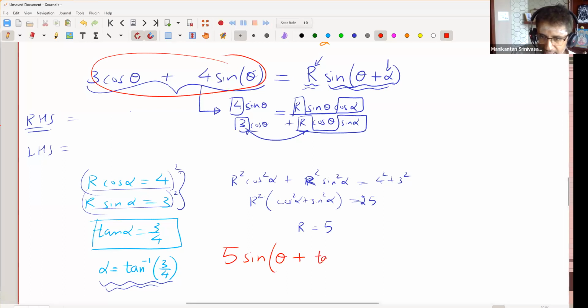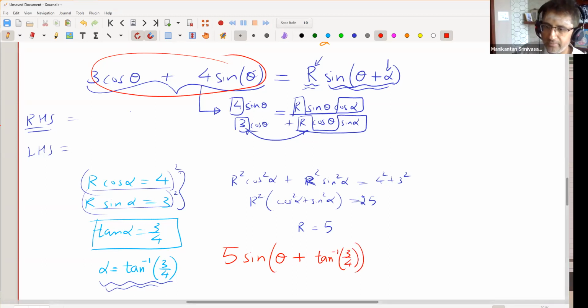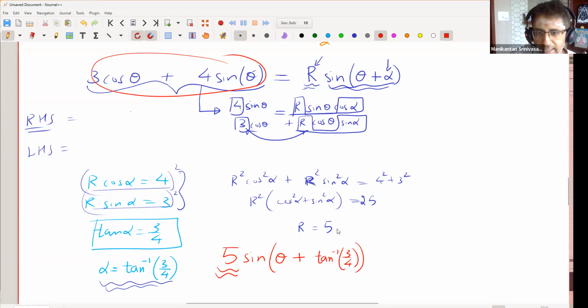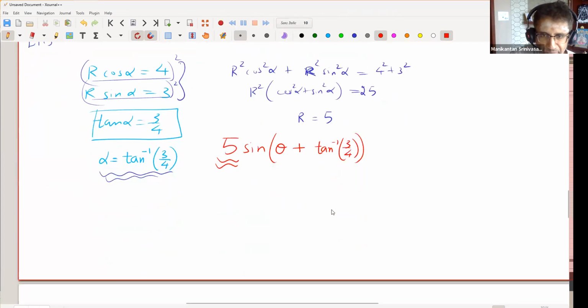Alpha is nothing but an angle which is tan inverse of 3/4. Are you with me? All of you? Yes. Avya, you're with me? Therefore, the maximum value this will take will be plus 5, and the minimum value will be minus 5. This is a standard technique used to find maximum and minimum.